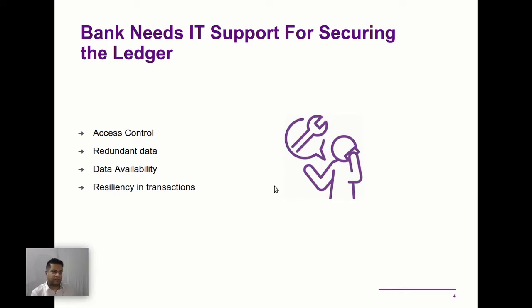It's obvious that when you have a database system that's as important as carrying your deposits, you need a lot of security around that. You need to control the access to that data system. You need to ensure that the data is maintained redundantly, you have to ensure that data is available all the time, and then there is a level of resiliency in the systems that maintain that data.